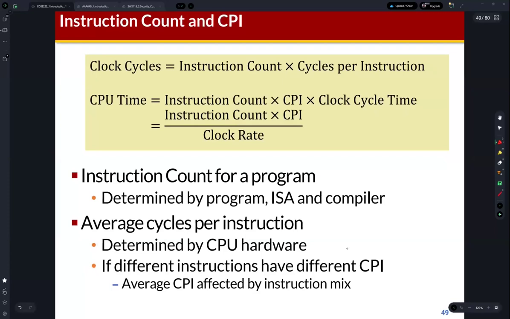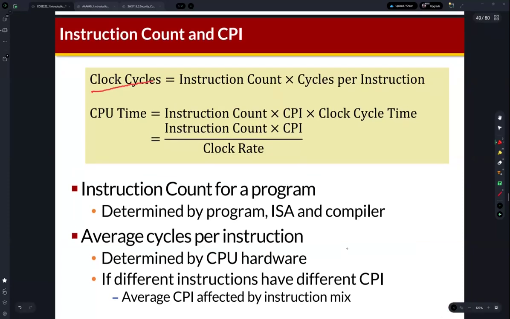Actually, we can rewrite the CPU time equation. How can we measure the clock cycles? We can define the clock cycles of a certain application as the instruction count multiplied by cycles per instruction, called CPI.